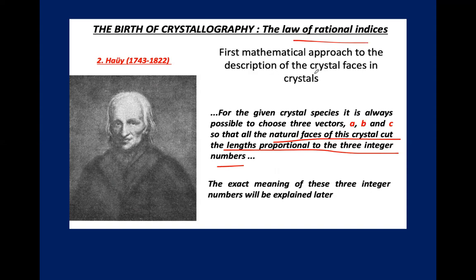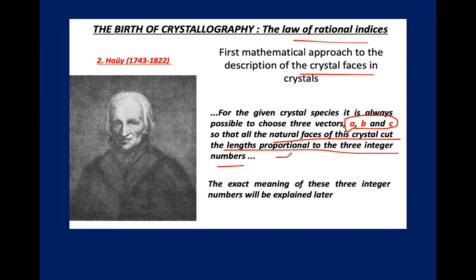To describe crystal faces, they used axes called ABC. We call them crystallographic axes, and they found that the intersection points of these axes for each face are proportional to integers.